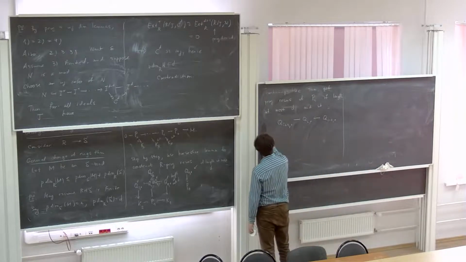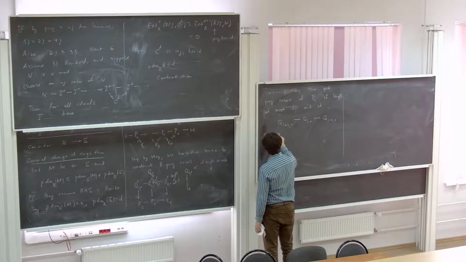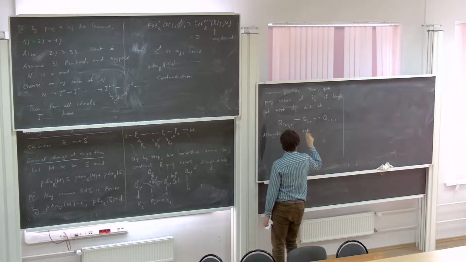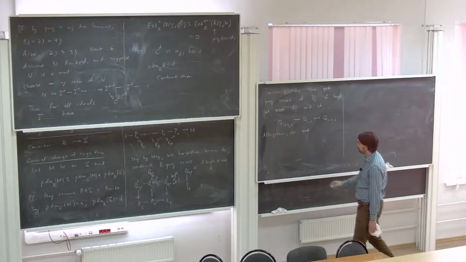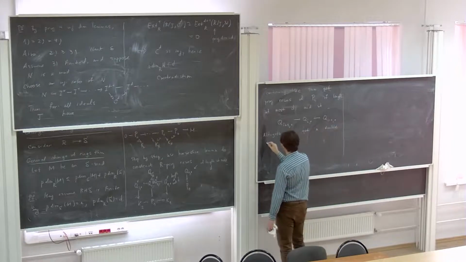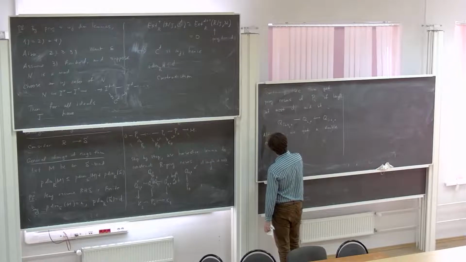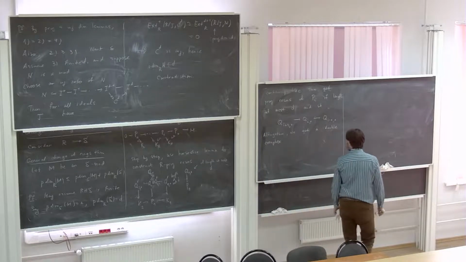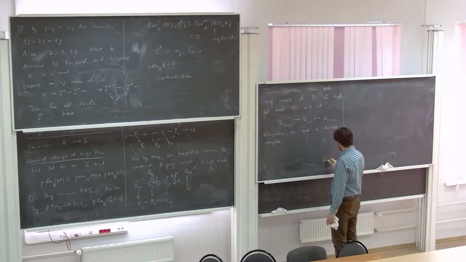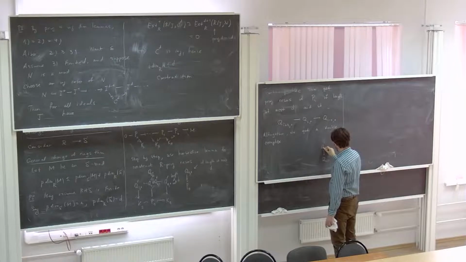And then altogether, what do we get? We get a double complex. What's it look like? I'll have here Q0,0, Q0,1, up to Q0,D.